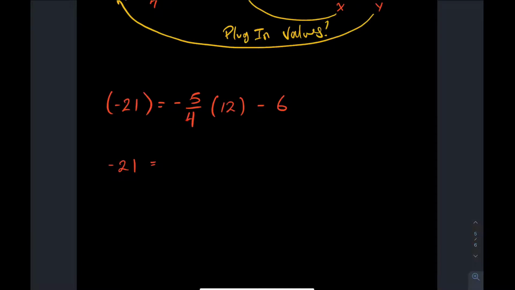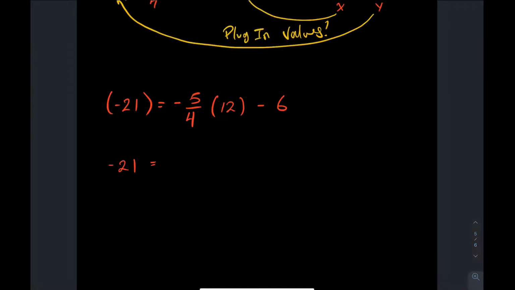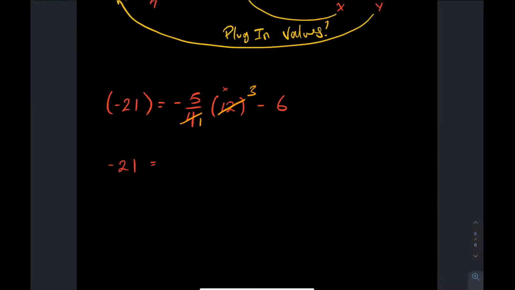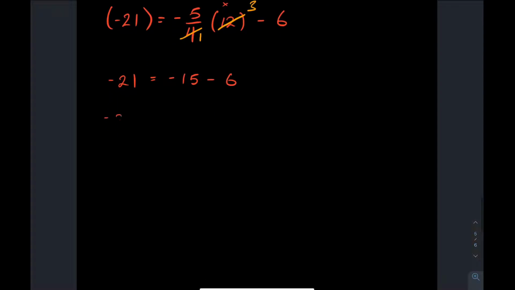So we have a 4 down here and a 12 up here. We can cross-simplify these, right? The 4 goes into itself 1 time. How many times does it go into 12? 3 times. So we're just left with 5 times 3. 5 times 3 is 15, minus 6, so negative 21... hey, negative 21 is equal to negative 21. True statement.